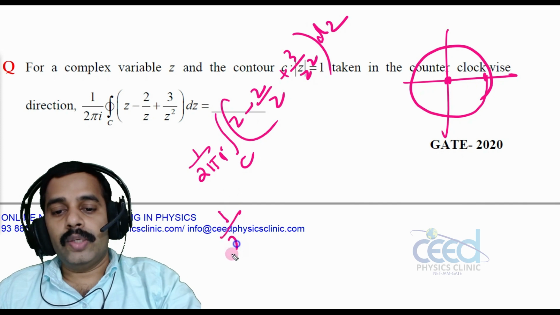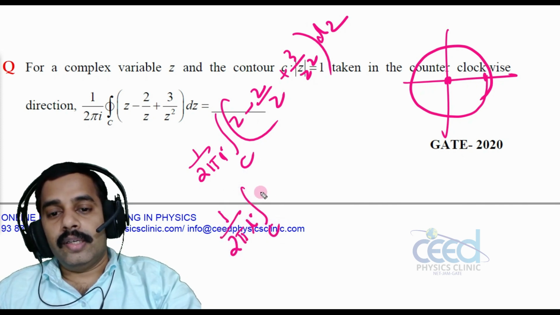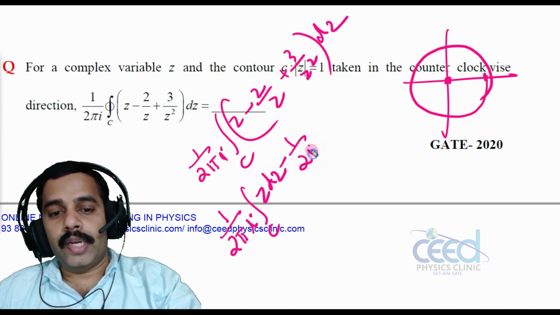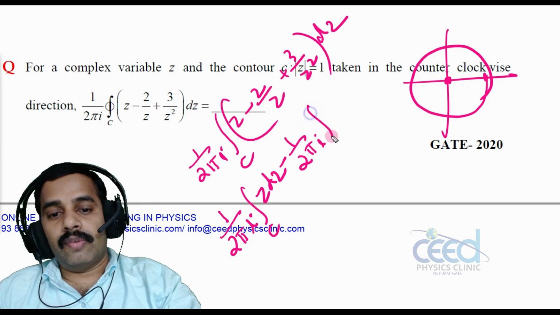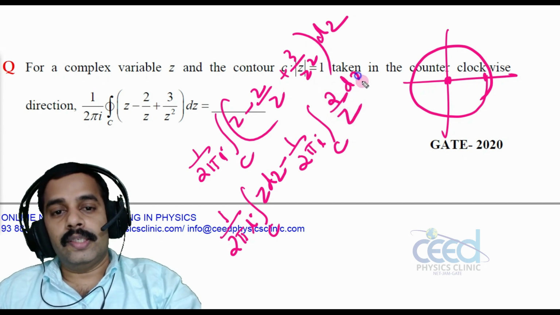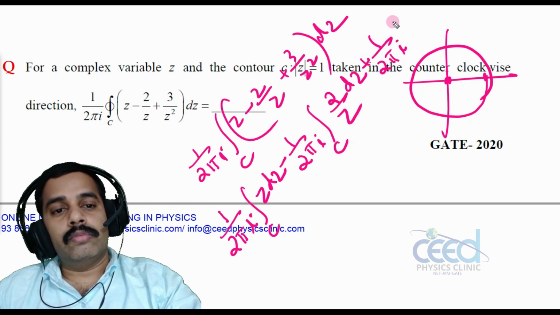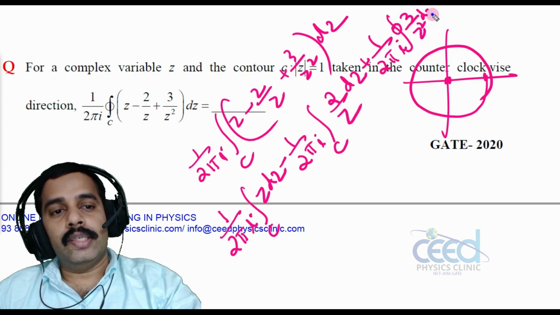So 1 by 2 pi i into the closed integral of z dz, minus 1 by 2 pi i into the closed integral of 2 by z dz, plus 1 by 2 pi i into the closed integral of 3 by z square dz.